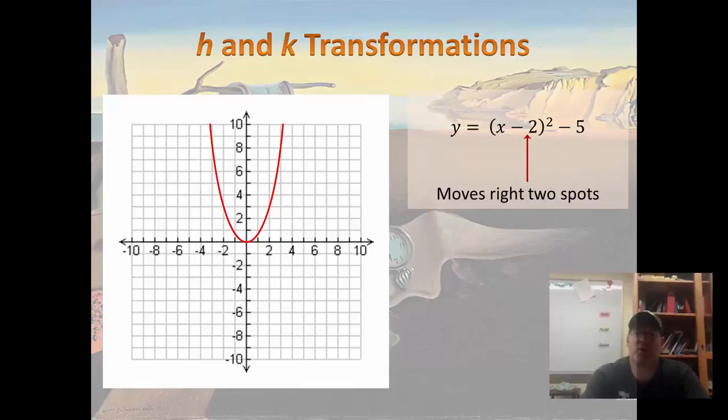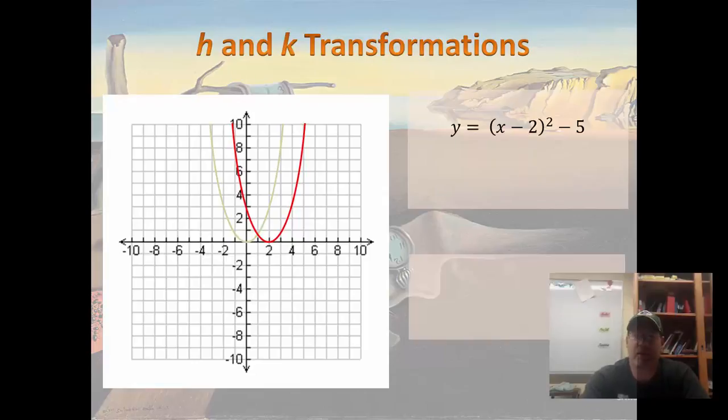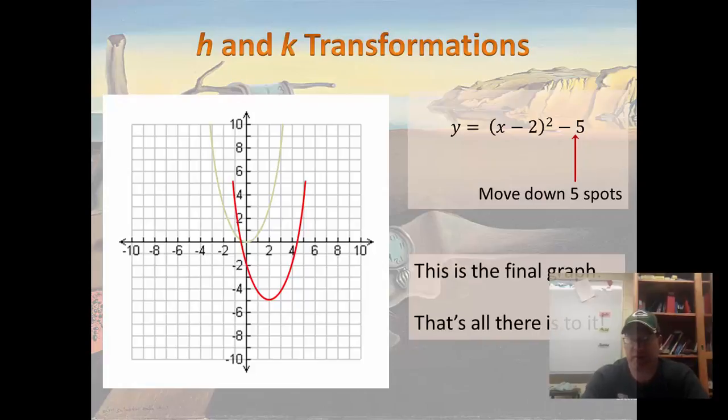It means it moves 2 spots to the right. So first it's going to look like it's there. And then we have that minus 5 on the outside, which means that the entire graph moves down 5 spots. Those are the only two transformations on there, so that's the final graph.